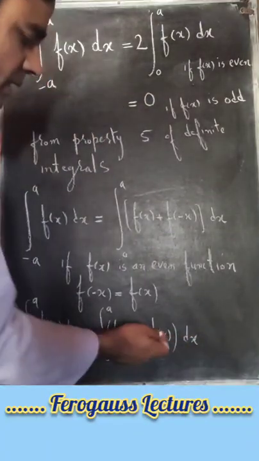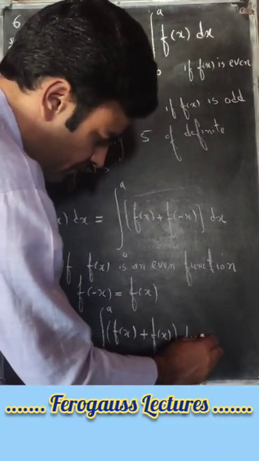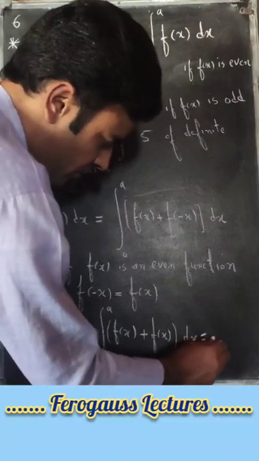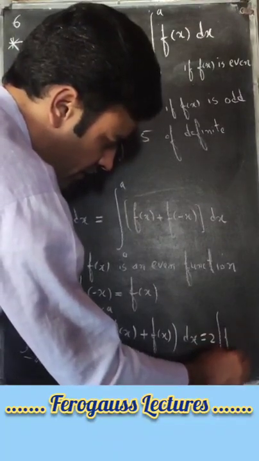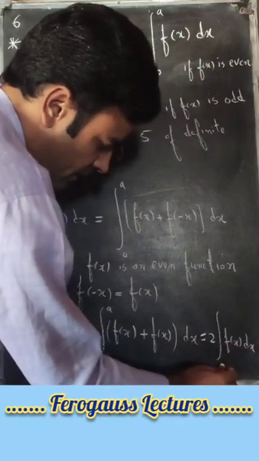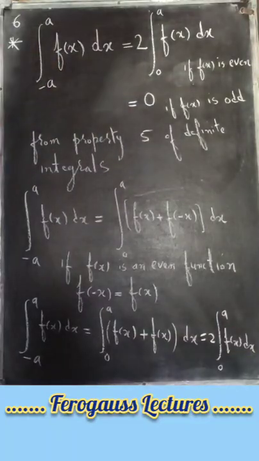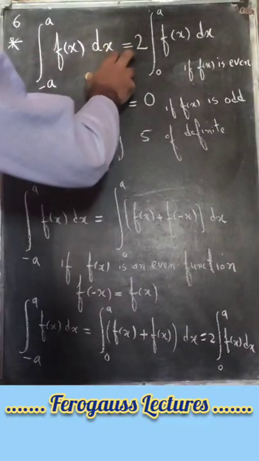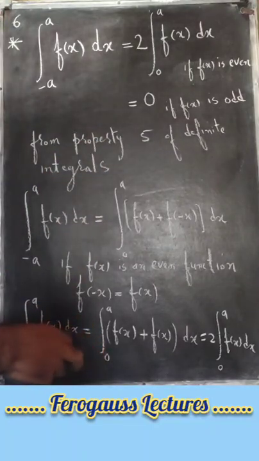Now f of x plus f of x is 2 times f of x, so thus we can write it is equal to twice integral of f of x dx with limits from 0 to a. Okay, now this proves the first part, that is when f(x) is an even function.